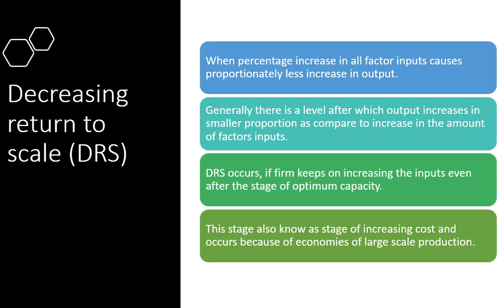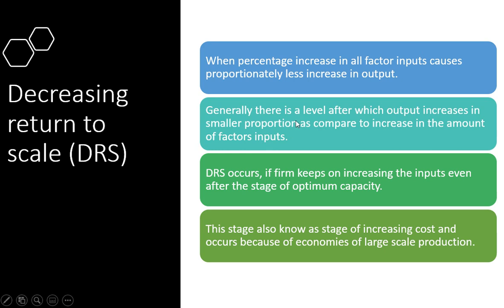that means that particular production function is showing decreasing return to scale. When a percentage increase in all factor inputs causes a proportionally smaller increase in output, generally there is a level after which output increases in a smaller proportion as compared to the increase in the amount of factor inputs.